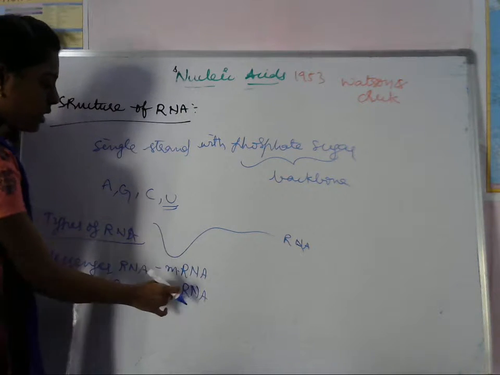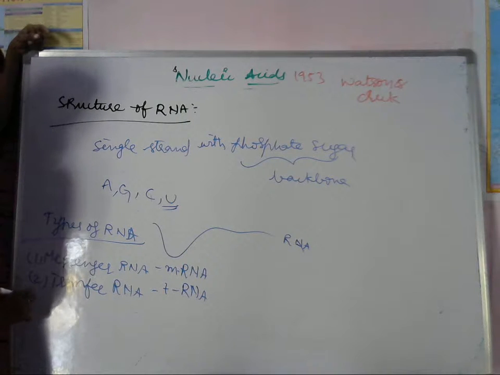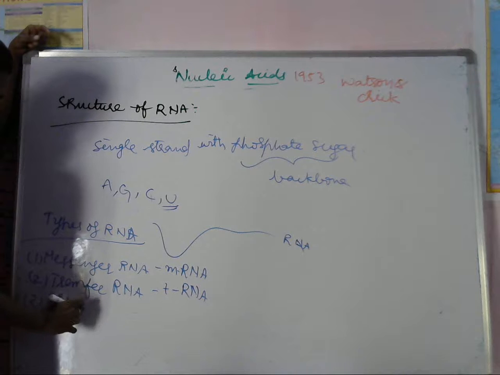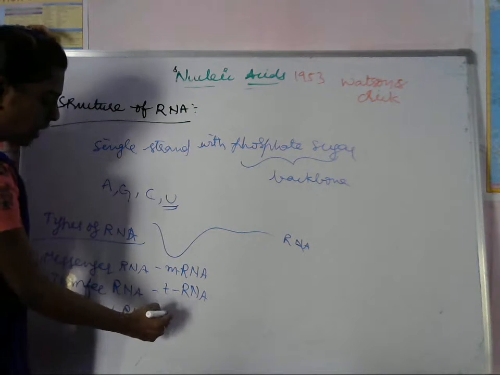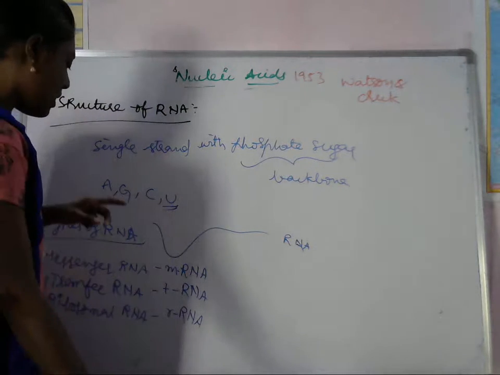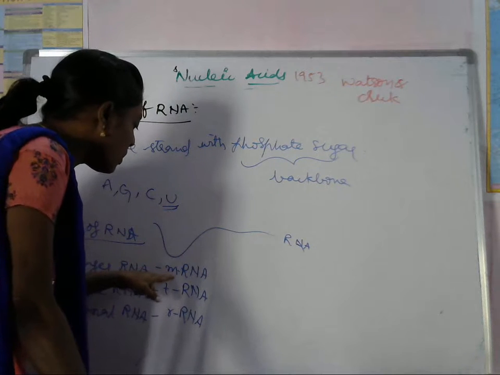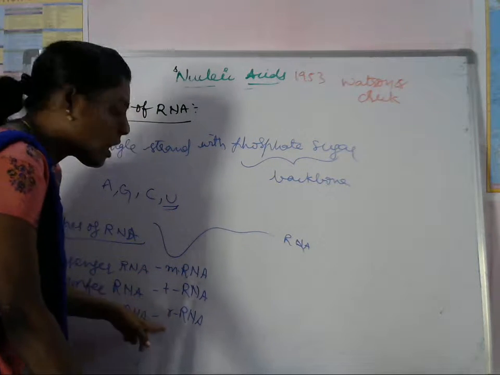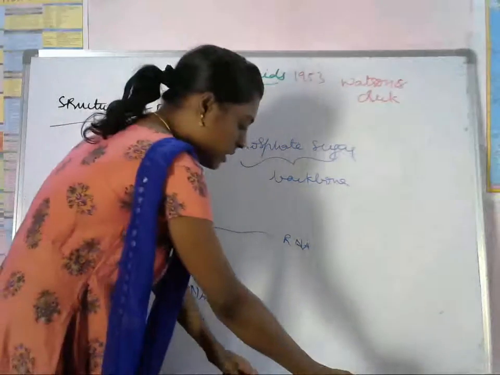T means transfer, m means messenger. The third one is ribosomal RNA, which is rRNA. Here you have to use small letters for this: mRNA, tRNA, rRNA. So three types of RNA are present.